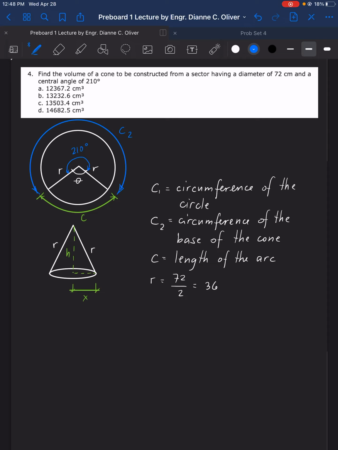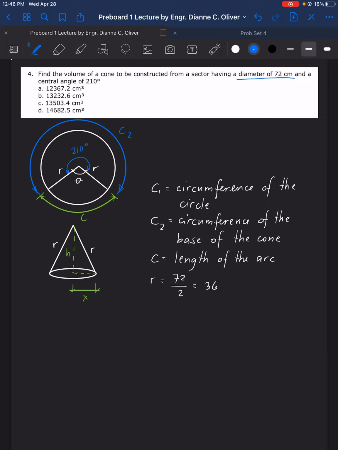So we have here C1 as the circumference of the whole circle, C2 as the circumference of the base of the cone, and C as the length of the arc. Then we have the radius, because the given in the problem is a diameter of 72 centimeters.